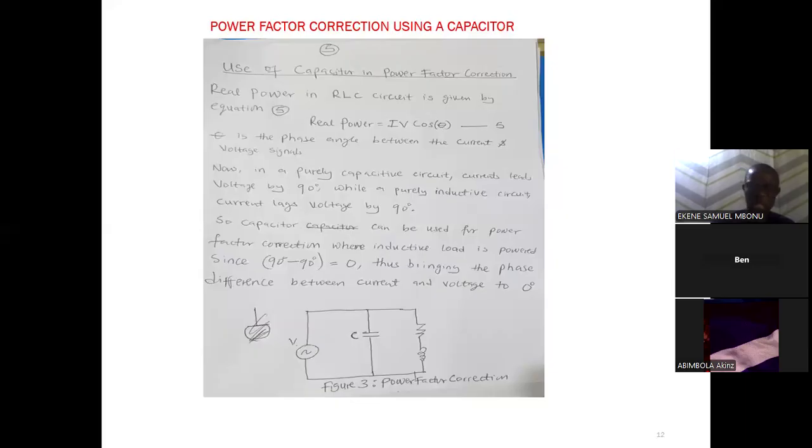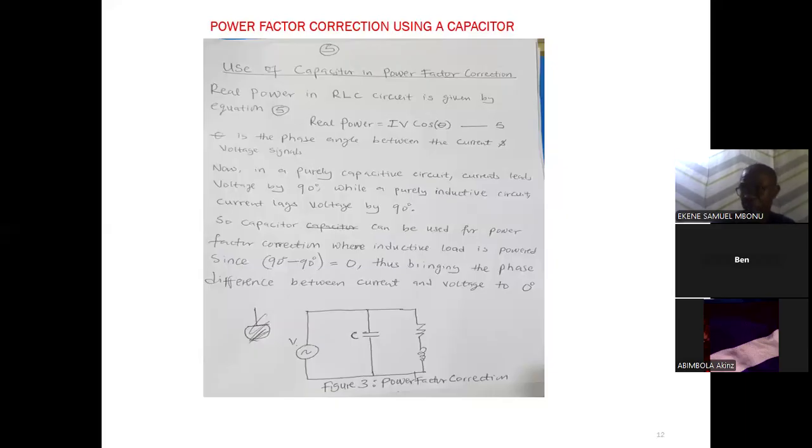Apparent power is given by IV sine theta. So once the phase angle begins to increase, sine theta begins to tend to 1, because sine 90 is 1. And what it means is that the useful power in the system begins to decrease. So there is always need to do power factor correction where inductive load is required.